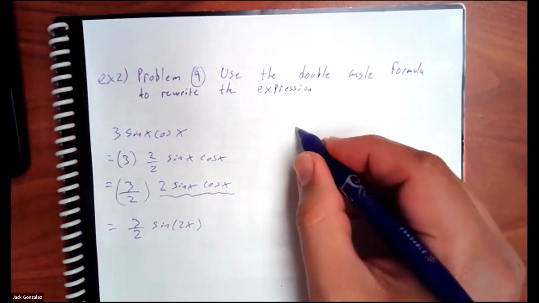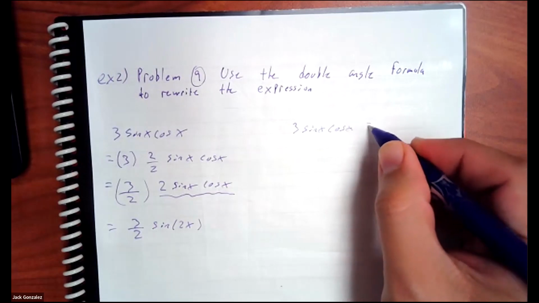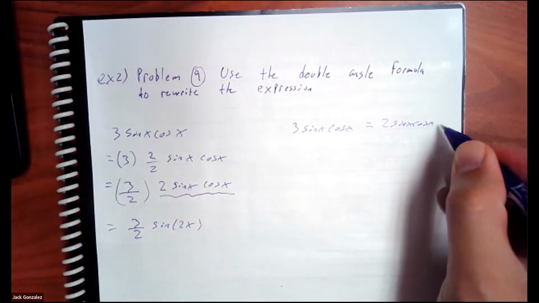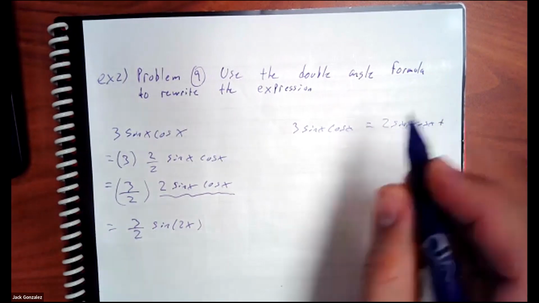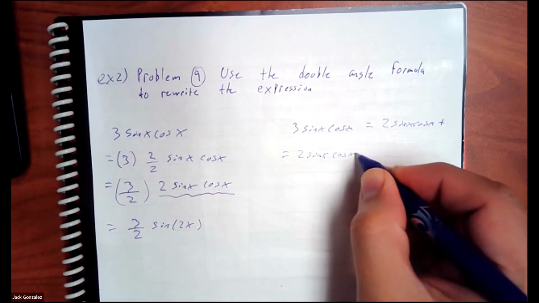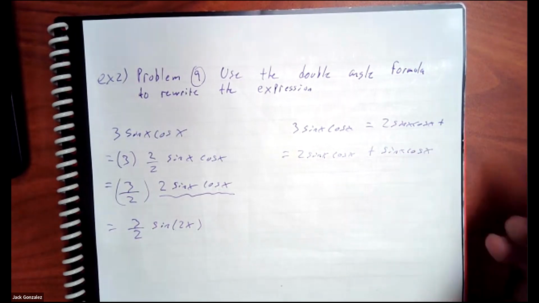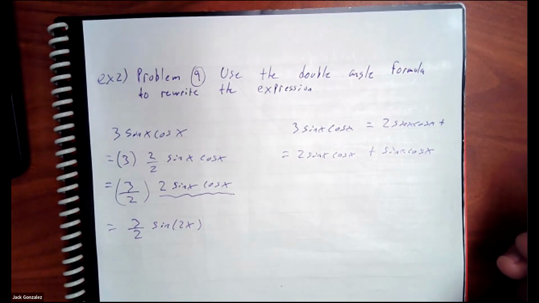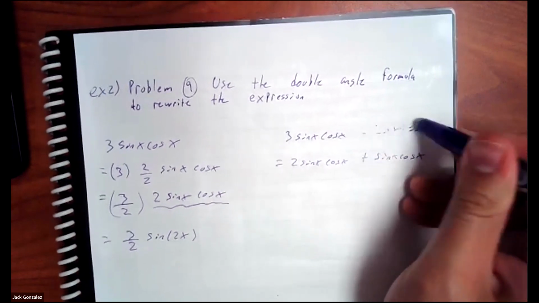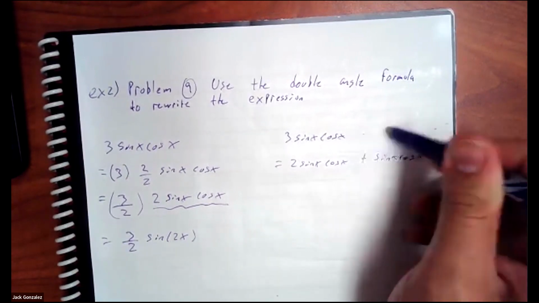I was thinking about this earlier. What if I did 2 sine cosine plus sine cosine? I feel like it should both work, right? Let's try it just for fun.